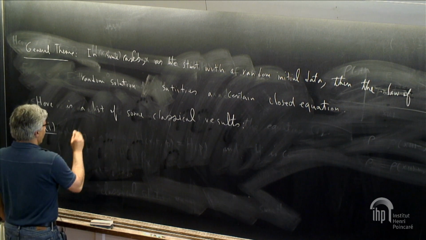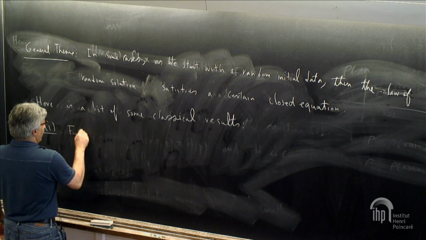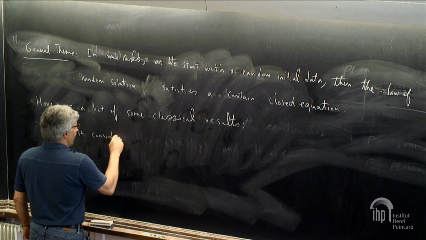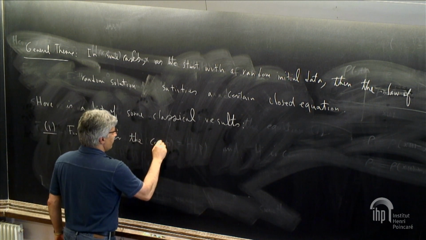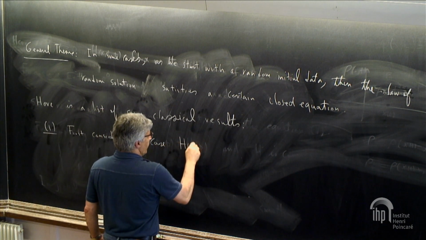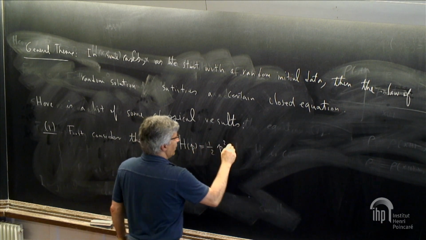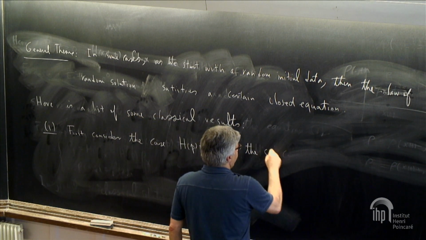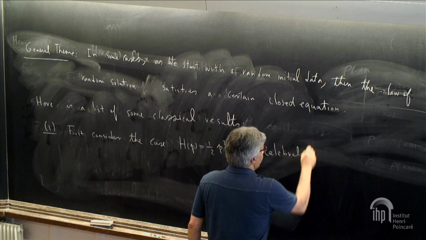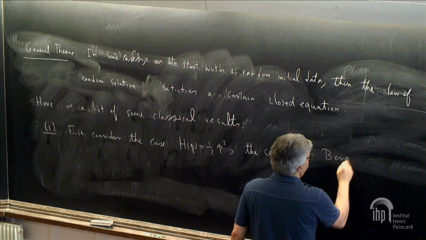So I'm going to first consider the case H of p equals 1/2 p squared, the celebrated Burgers' equation.